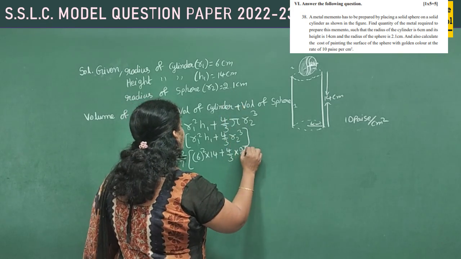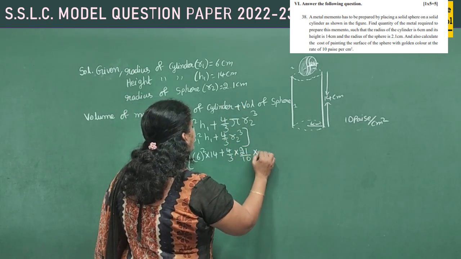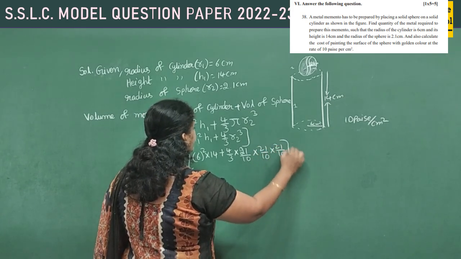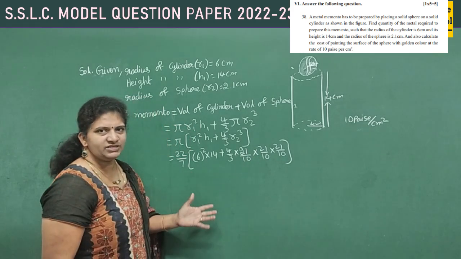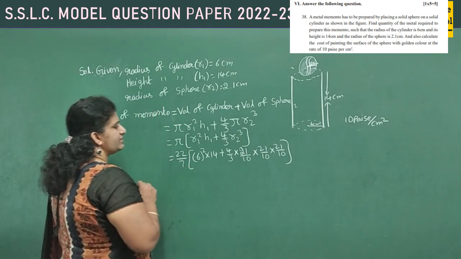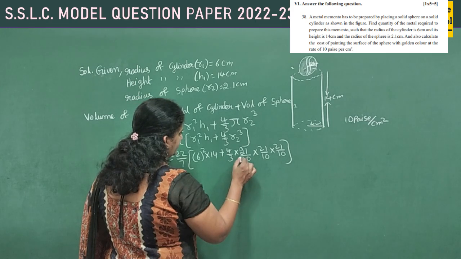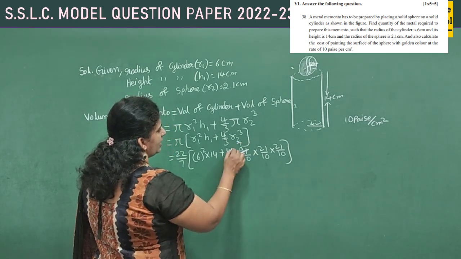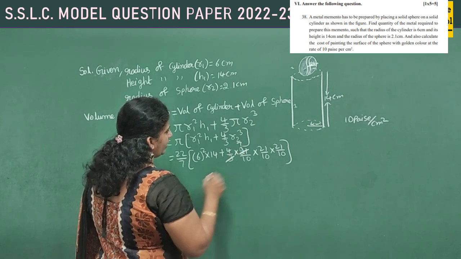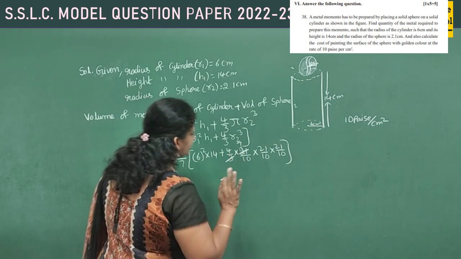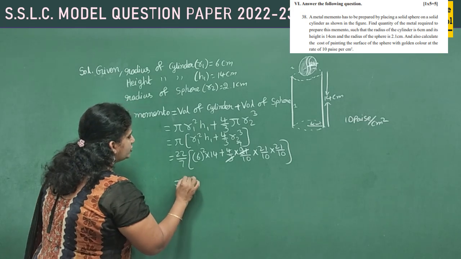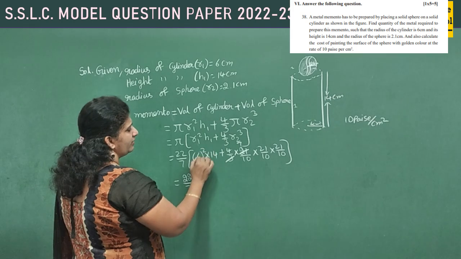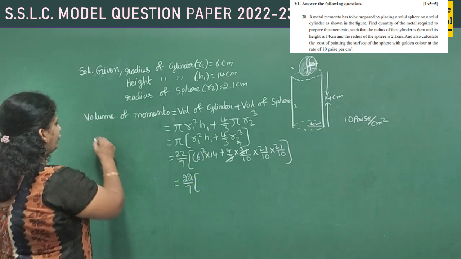So let me write 21 by 10 into 21 by 10 into 21 by 10. 2.1 we can write as 21 by 10. So now is there any cancellation? 3 7s, and here you can go with cancellation, but as it is, keep as it is. 22 by 7 into 6 6s are 36, 36 into 14.